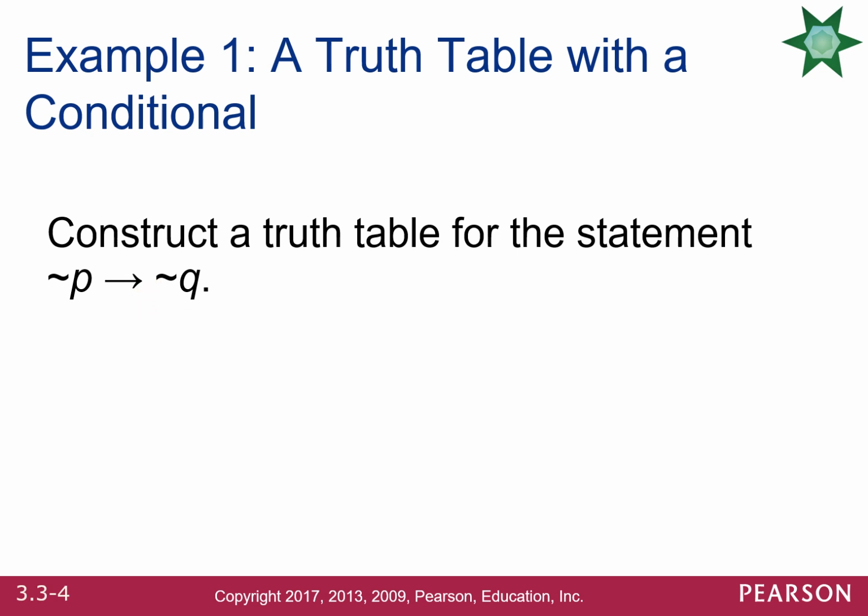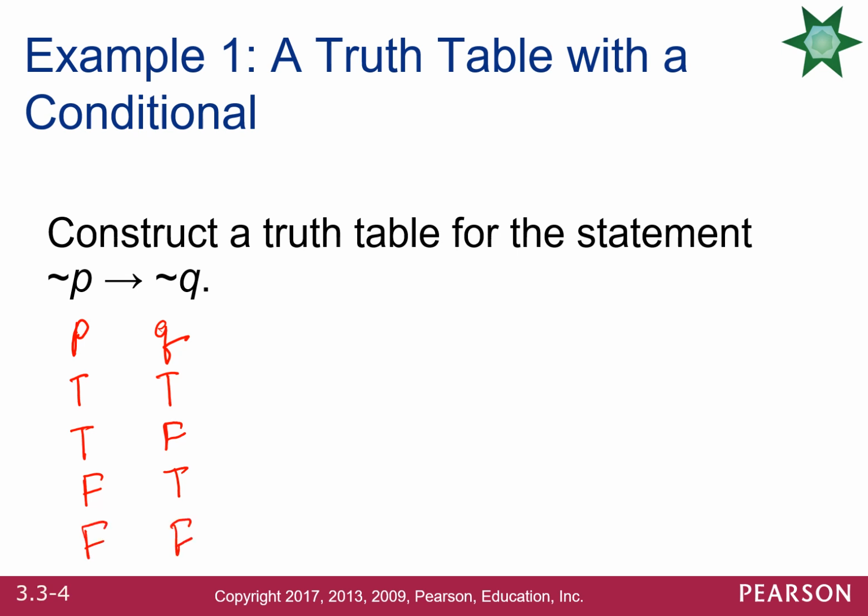So we start by first listing all the P and Q values, all possible combinations of true and false for P and Q. For the first case it would be true, true. Then the next one would be true, false, and then false, true, and then finally false, false.